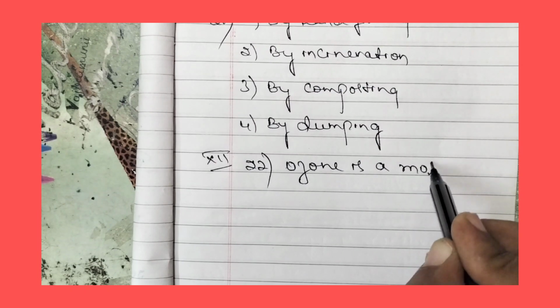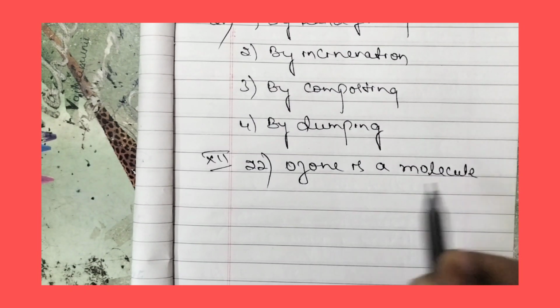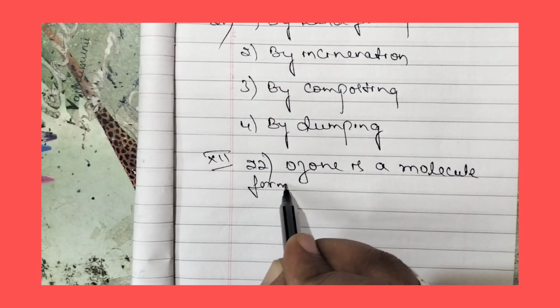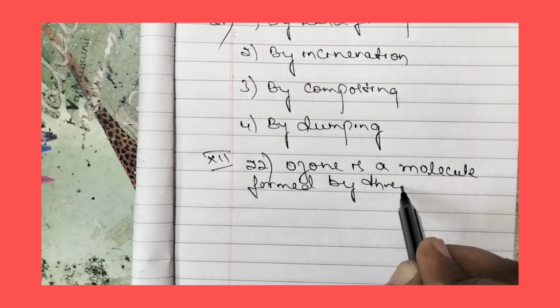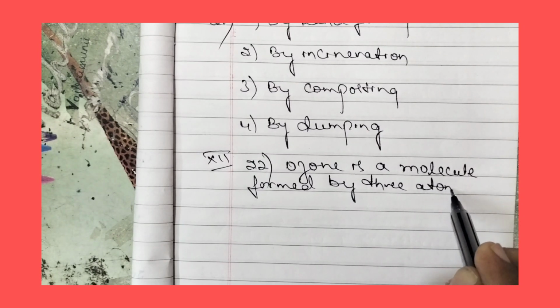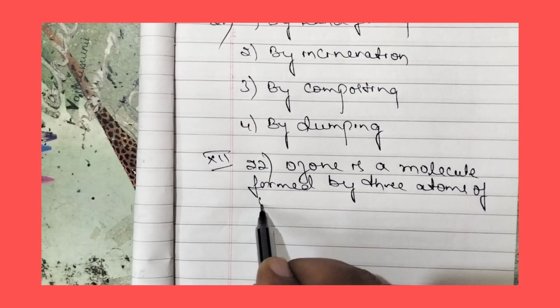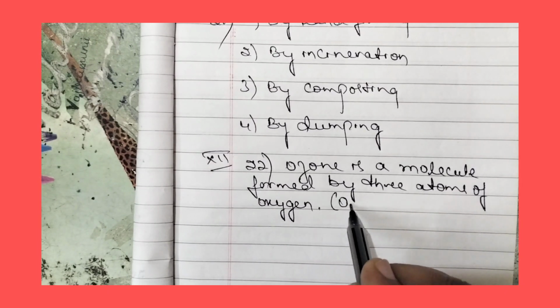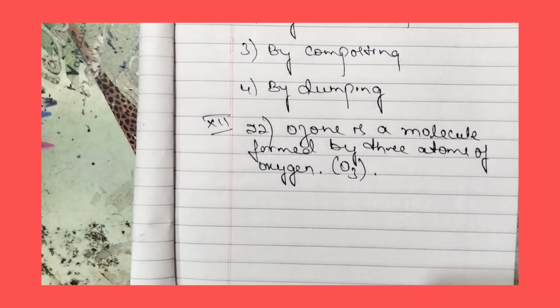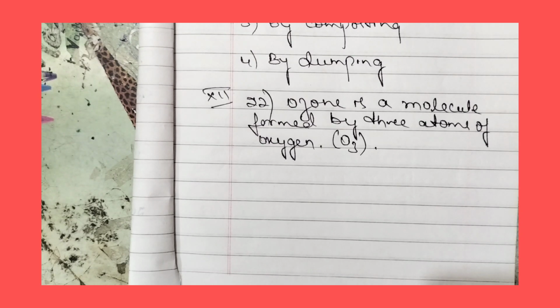Ozone is a molecule formed by three atoms of oxygen, that is O3. This is ozone.